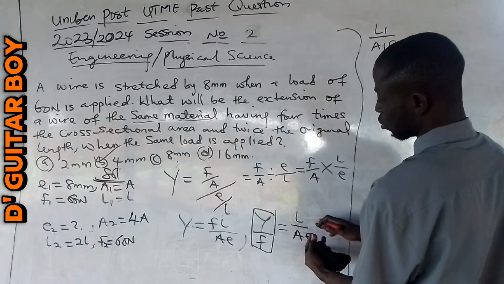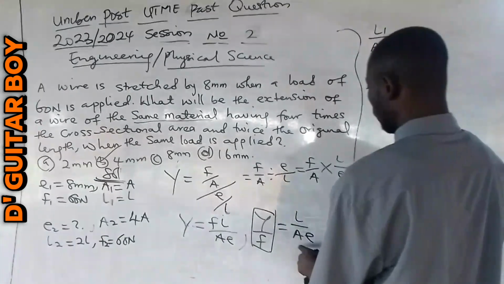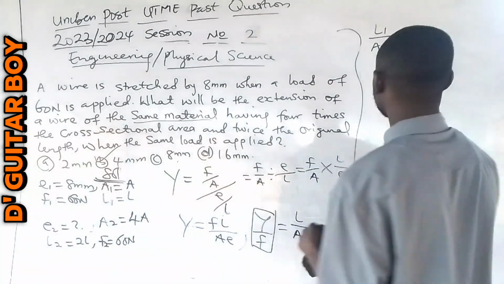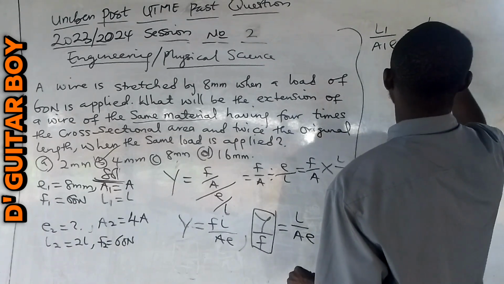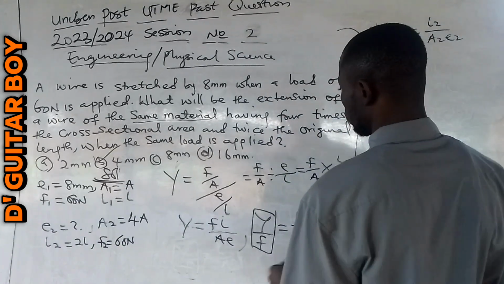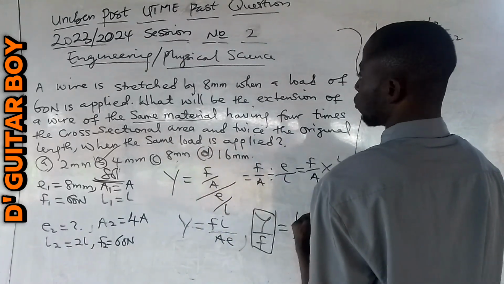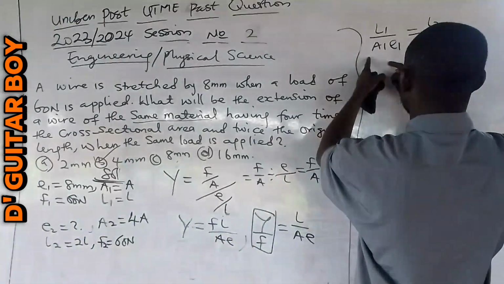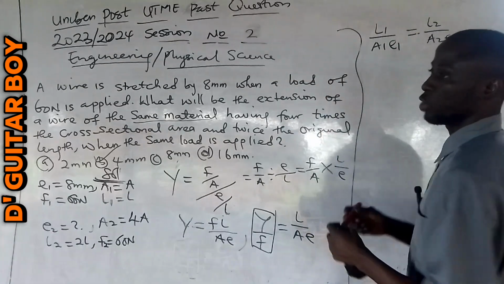That was the essence of getting here first, to remove all our constants to one side so that we can have our equation: this is equal to L2 all over A2 E2. Why are we able to do it? Because of this constant, and we got the constant from the question, the same material. Mind you, everything that happens here is proportional to what happens here. Hence, we can equate them with each other.